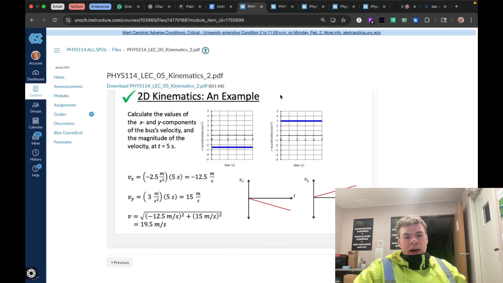So calculate the values of the x and y components of the bus's velocity and the magnitude. Yeah, because you're making a triangle, I guess, but it doesn't really give you an angle. So they're just doing 3 times 5 and then that squared. Okay, yeah, makes sense.